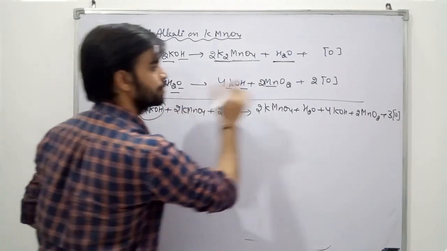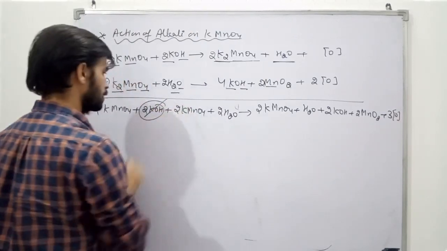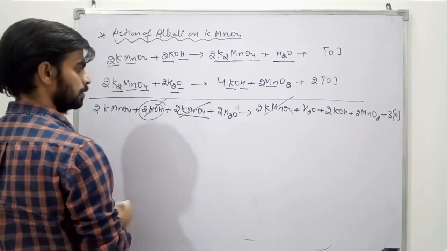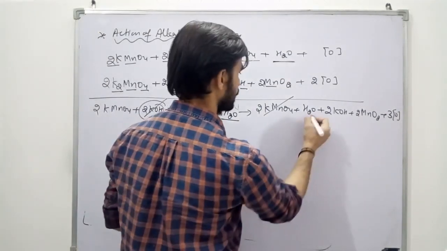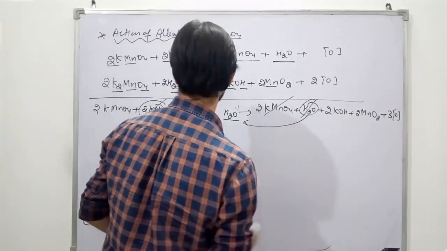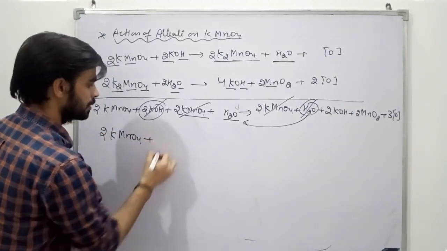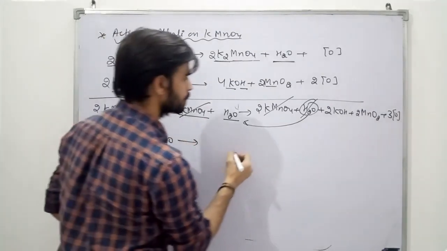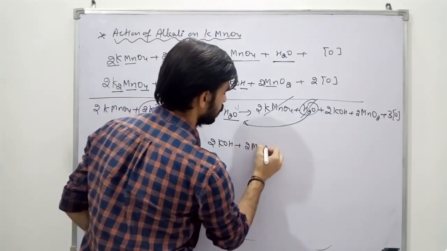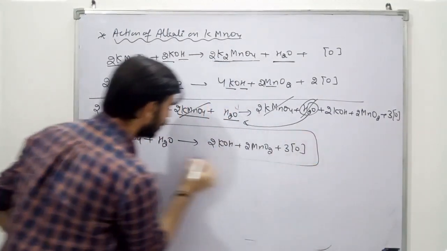If this is shifted into the right side, then we have twice of KOH. Twice of KOH. And twice of K2MnO4 will cancel out. Now H2O and H2O, that will shift into the right side, and single H2O is also there. So our final reaction is twice of KMnO4 plus H2O gives twice of KOH, twice of manganese oxide plus 3 times of nascent oxygen. This is the overall molecular equation.